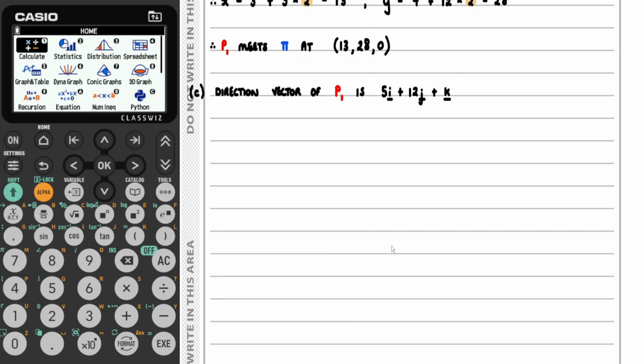For part C, the first thing we can do is state the direction vector of P1, that's 5i plus 12j plus k. We can now find out the magnitude of this. 5 squared plus 12 squared plus 1 squared, all square rooted, that's the square root of 170.